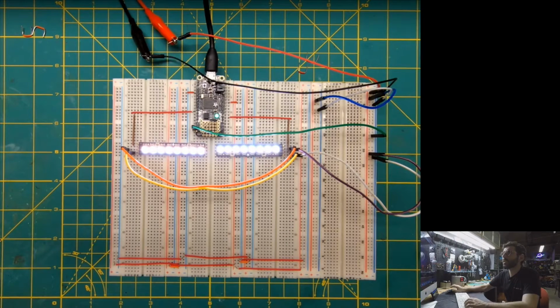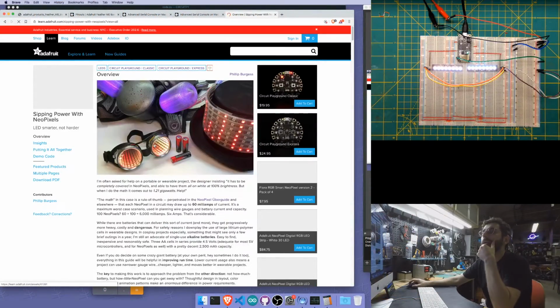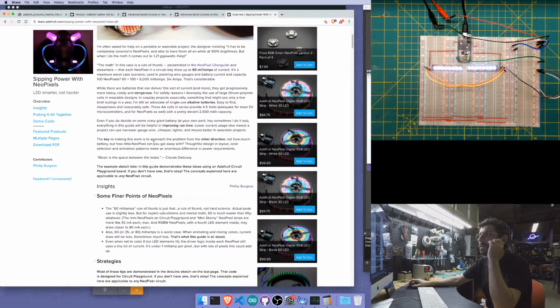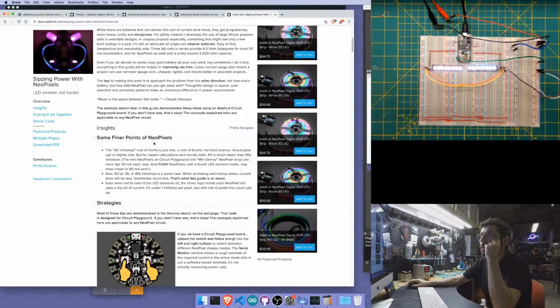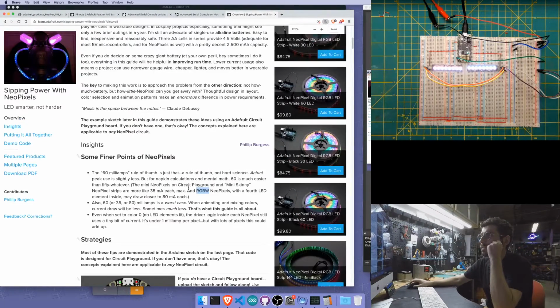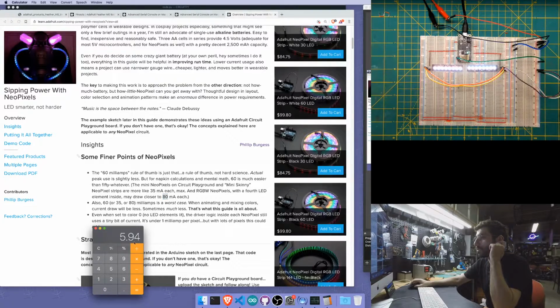I found a post once from Adafruit about sipping power. I think this may have been it. See here, they say that an RGBW NeoPixel, which is what this board is, are these two strips here. But the fourth LED element inside may draw closer to 80 milliamps each. What are we seeing?